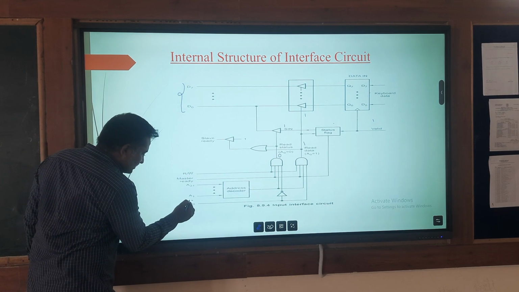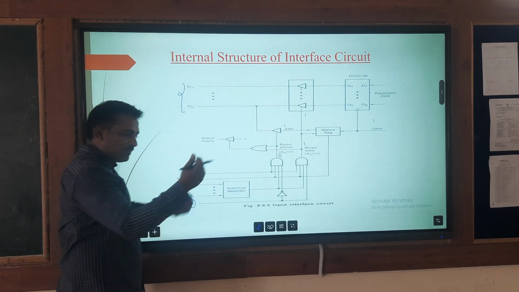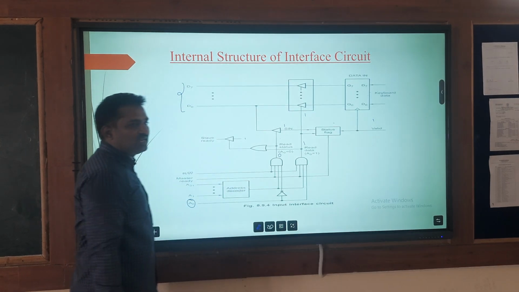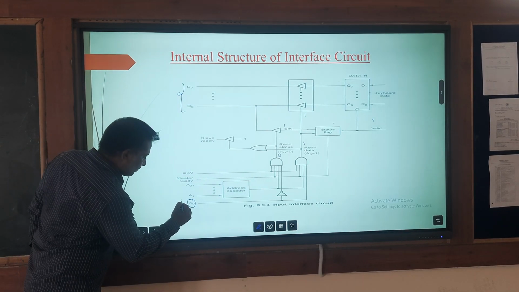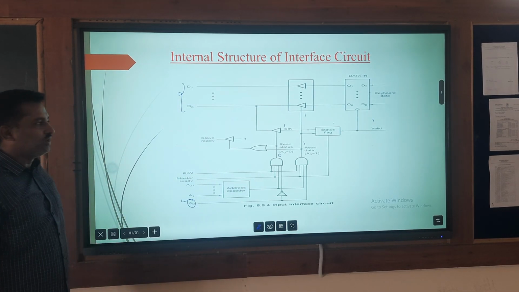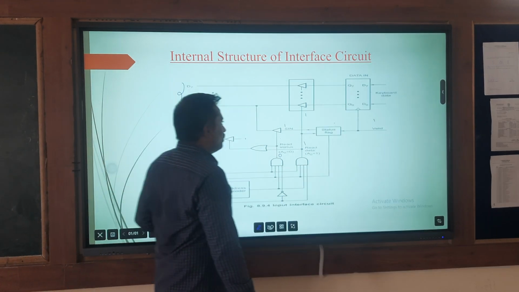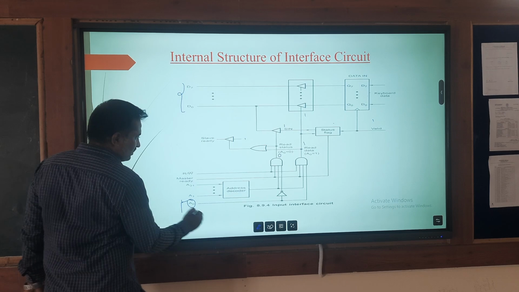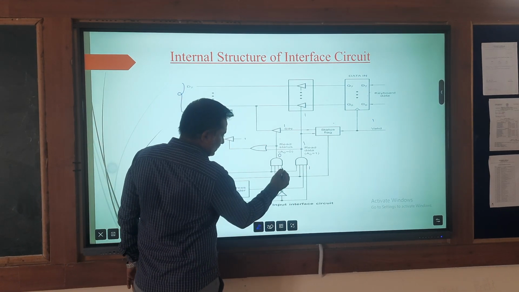So the A0 signal is used to decide whether you receive the data or only read the status of the data. That can be identified with the help of the A0 bit. Yes or no? So in this case, I treated A0 as equal to 1. So here it is 1 and here it is 0.